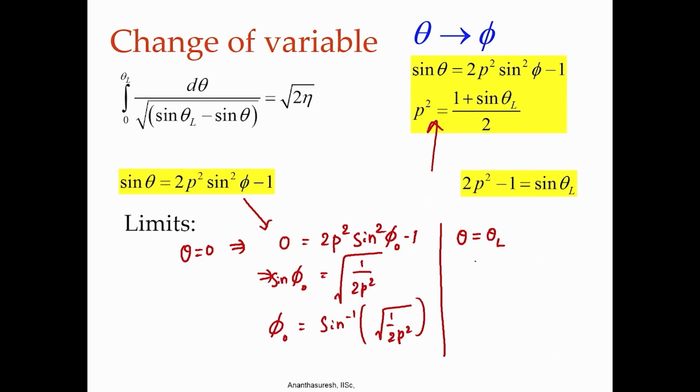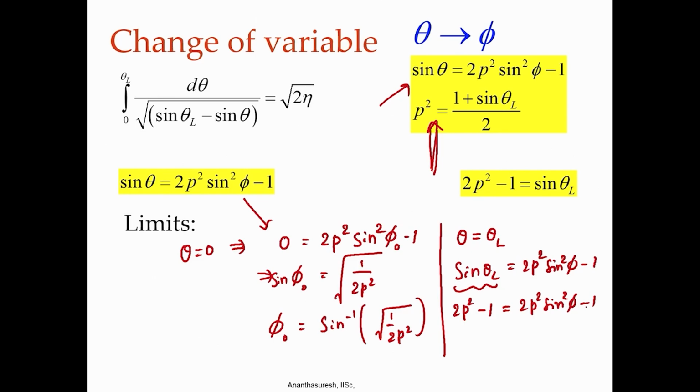So, we can see that when theta equals theta L, when we go back to this first equation itself, sin theta L, that is this equation, equals 2 p square sin square phi minus 1, and we know sin theta L from the second equation is 2 p square minus 1, and this side we have 2 p square sin square phi minus 1.